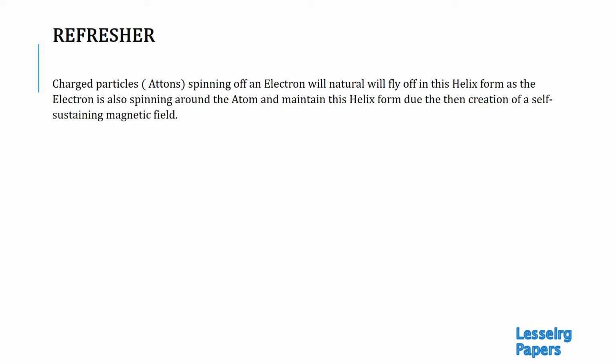And if the electron is jolted, the forces that are holding these atoms to the electron are not strong enough, and these atoms peel off in a corkscrew manner. And this helix or corkscrew is self-sustaining because these atoms have both mass and a charge, and these forces end up in an equilibrium, and this equilibrium forces the speed of light.